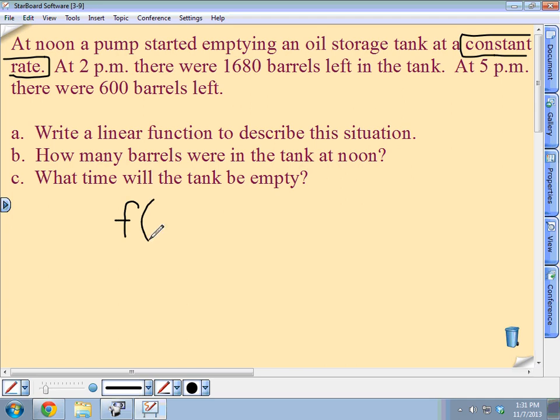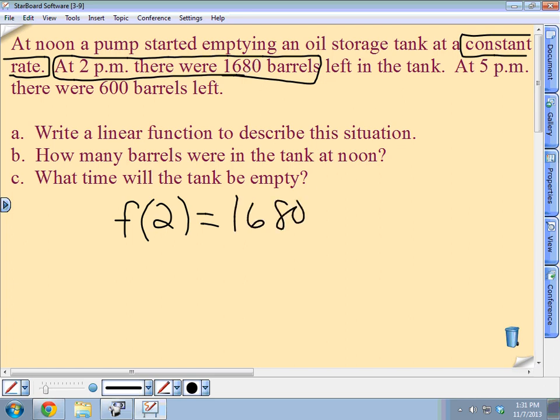So you started at noon, and then after a certain number of hours, you have less oil. How many hours? You started at noon, and now you're at 2 p.m. So how many hours have gone by? 2 hours. And after 2 hours, how many barrels do you have? 1,680.